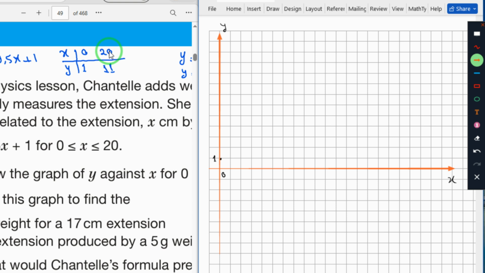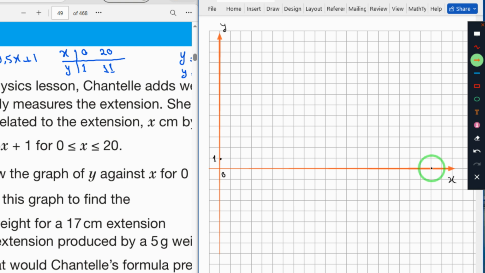Next, when x is 20, y is 11. We count 1, 2, 3, up to 19, and 20.